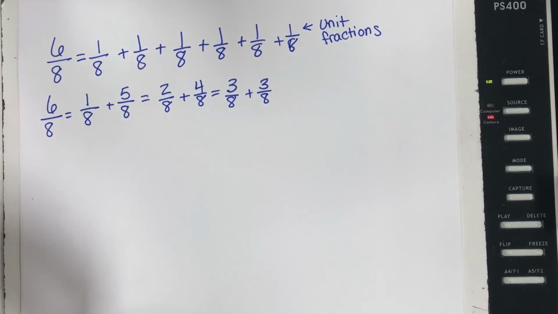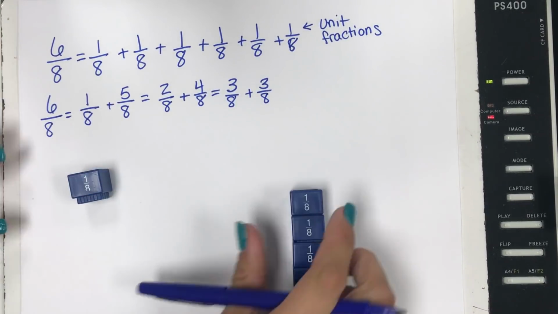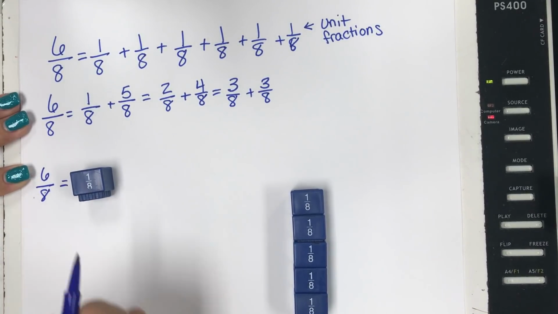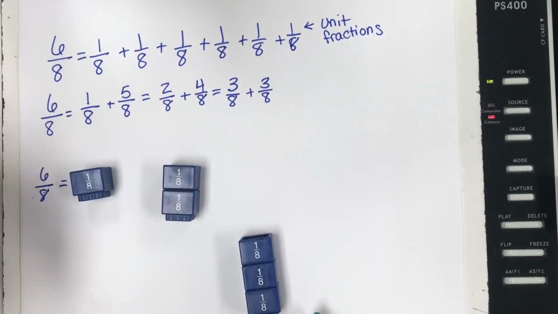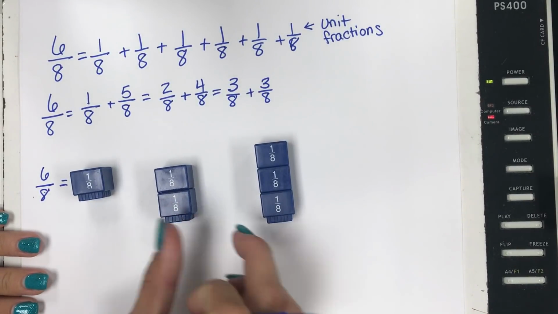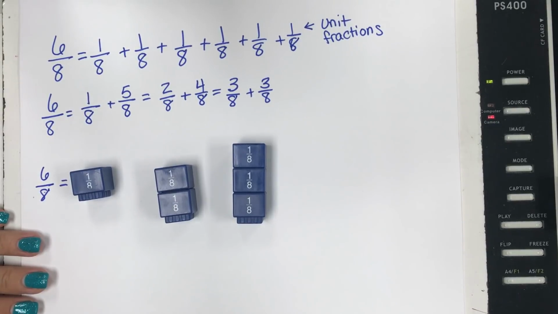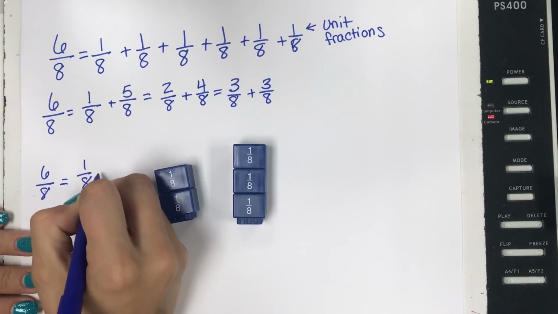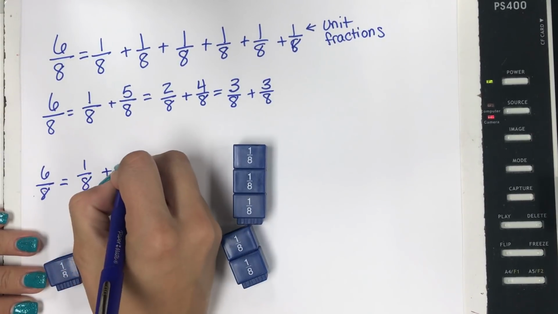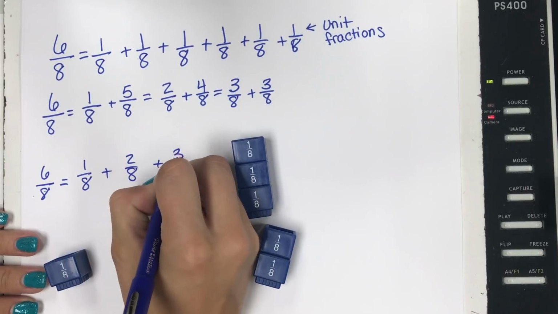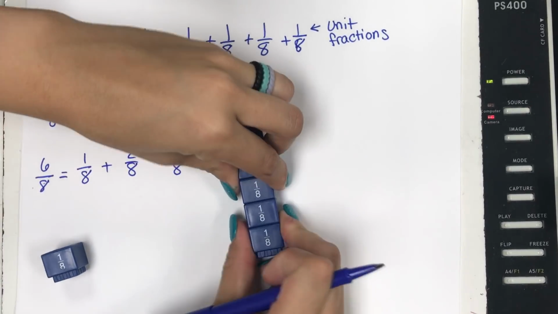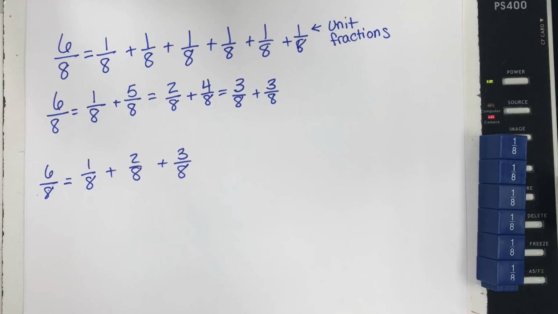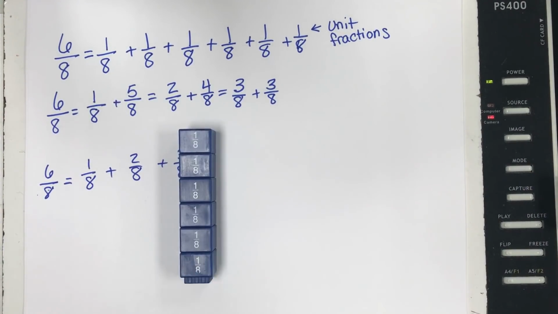Well, all right, what if I have 1/8? I'm still going to start back with my 6/8. 1/8 plus 2/8 plus 3/8. If I stick all those back together, I still get 6/8. So that's just another way that I could break it up. Now, as you can see, there's lots and lots of ways to break up even the fraction 6/8.